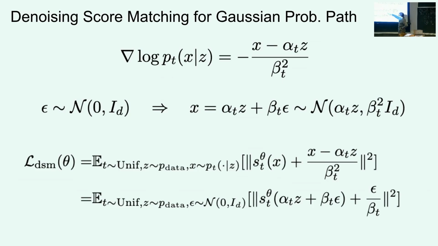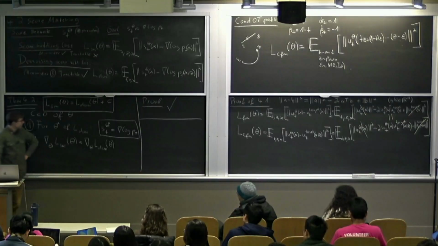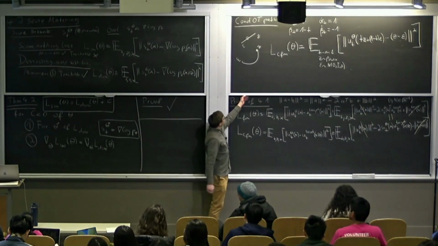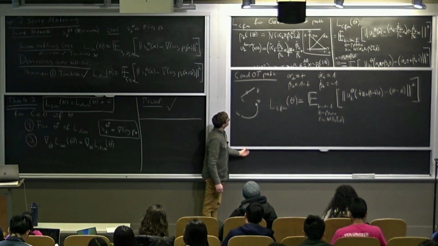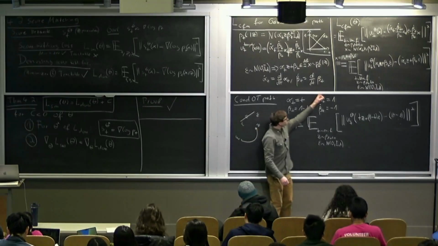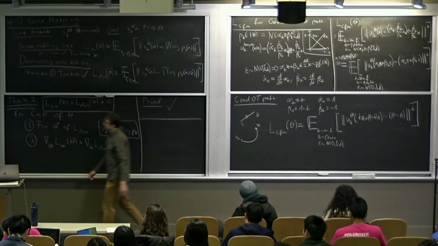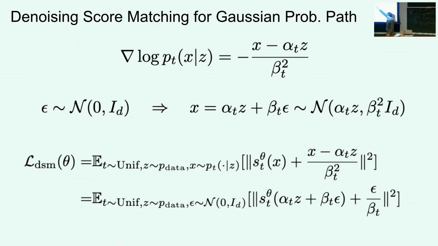Now I'm going to plug this again into the denoising score matching loss. So I'm going to regress this against the conditional object, which is on the top here. And then I'm doing the same trick that I've done here. And I replace x with the corresponding object here. So x becomes this sum. X plugged into this equation is going to be the noise divided by beta t. So what I'm doing is I'm taking some average between the data point and noise, putting that into the network, and learning to predict noise divided by some constant.